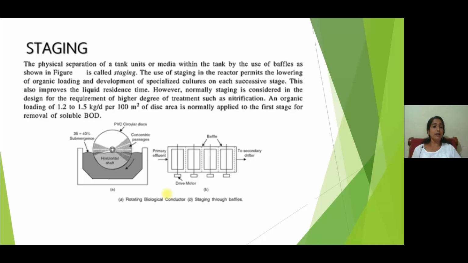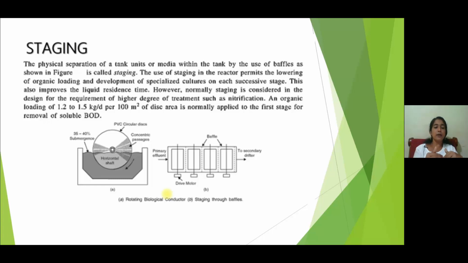Then staging. Here you can see the physical separation of tank units or media within the tank. That is, a single unit of RBCs is separated by baffles as shown in the figure. It is called staging. And this staging will enhance the contact of this wastewater with the circular disc, and the use of staging in the reactor permits the lowering of organic loading and development of specialized cultures on each successive stage.